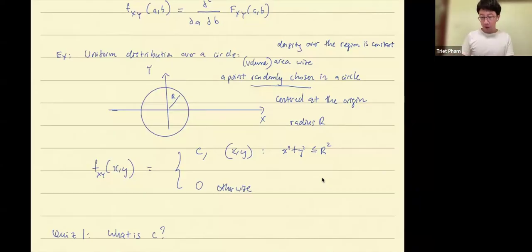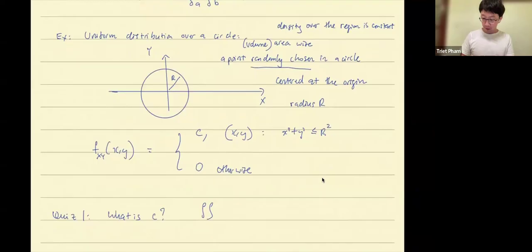What must happen is that the double integral over the circle of the joint density must be 1.